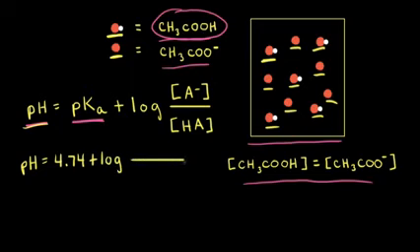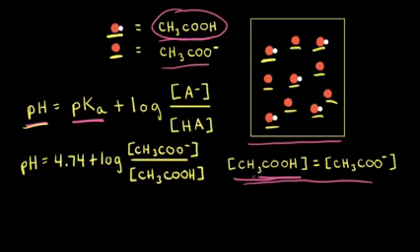And the conjugate base is the acetate anion, so let's write that in here, CH3COO-. And that's divided by the concentration of the weak acid, which is acetic acid, CH3COOH. We've already figured out that the concentration of acetic acid is equal to the concentration of the acetate anion.